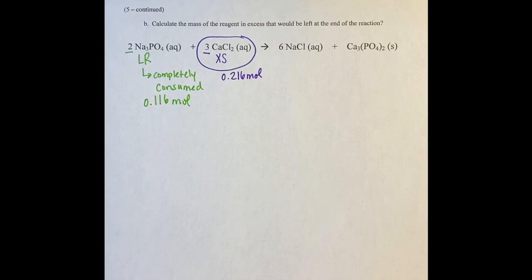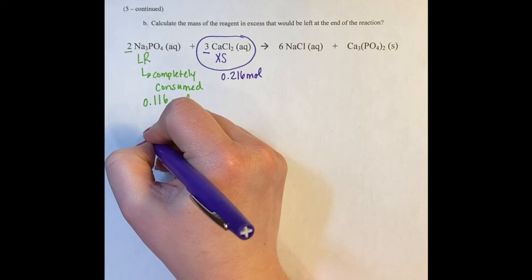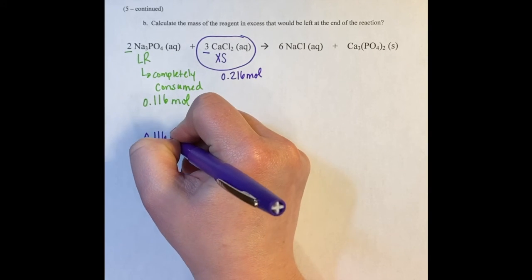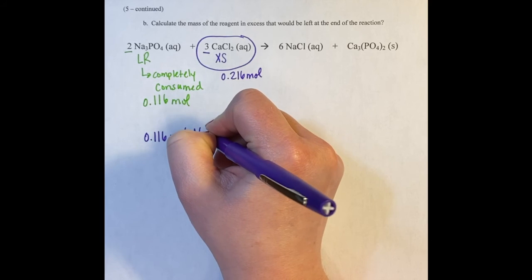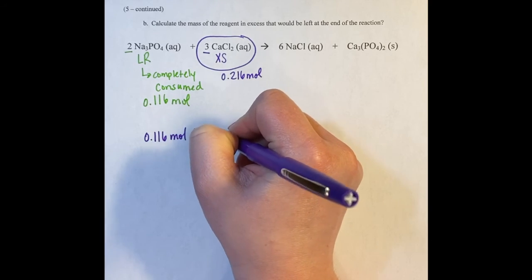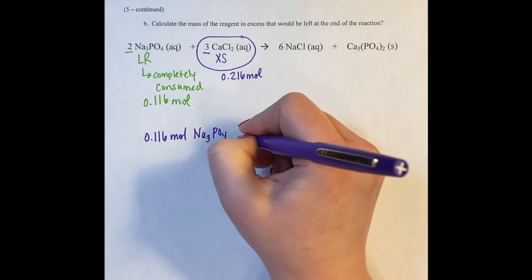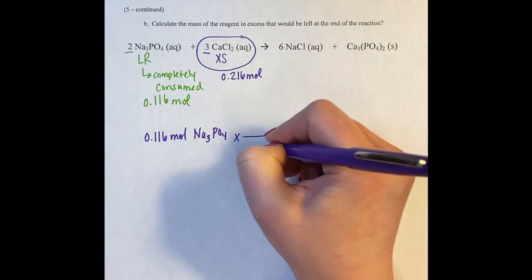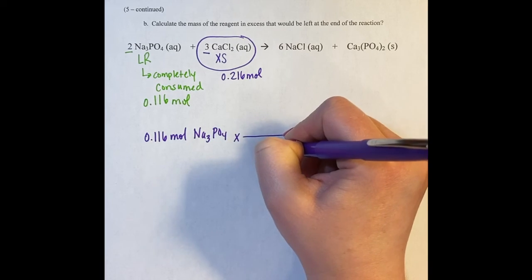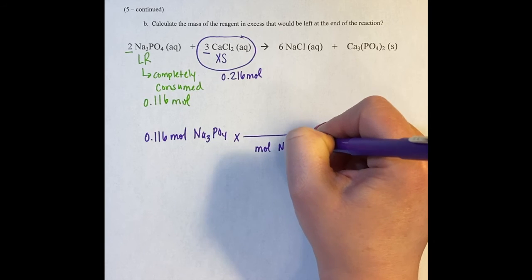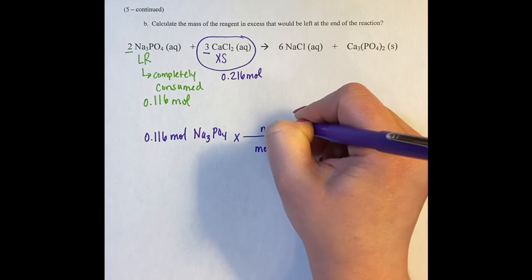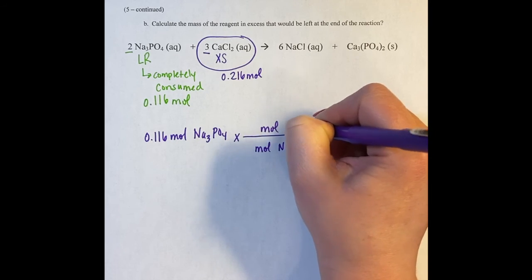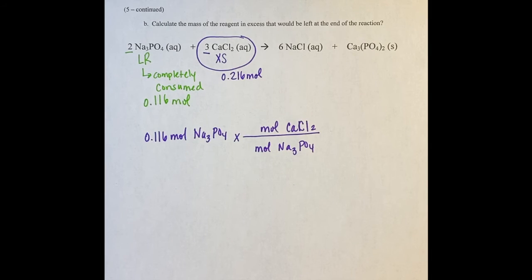So what we can do is we can look at a stoichiometric calculation between our two starting materials. We have 0.116 moles of sodium phosphate. We know that that completely reacted. So when we convert from moles of sodium phosphate to moles of calcium chloride, we're going to use the coefficients in the balanced chemical equation.